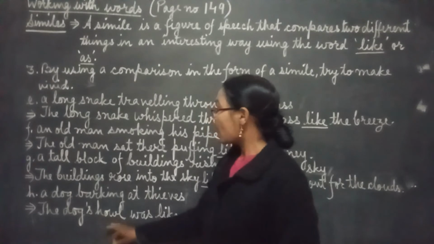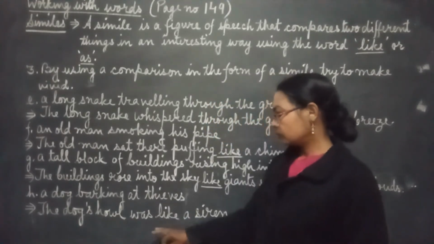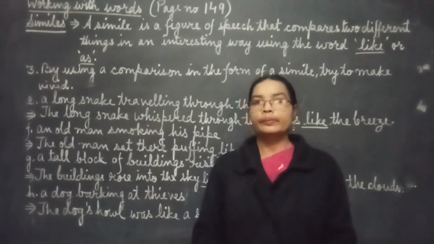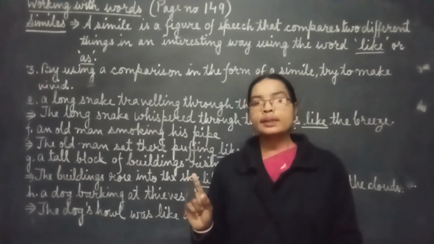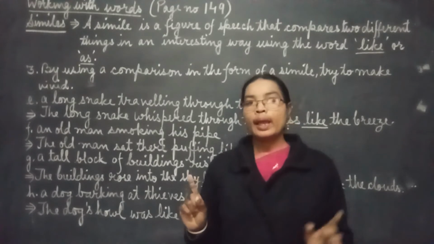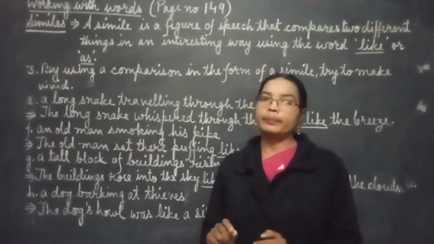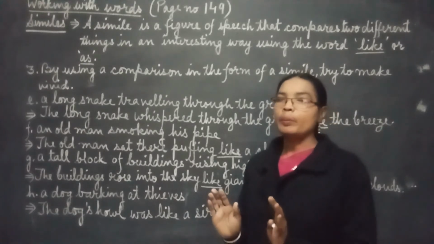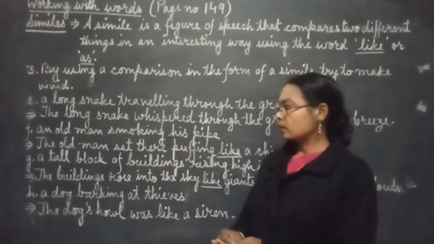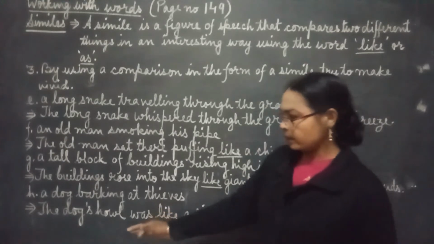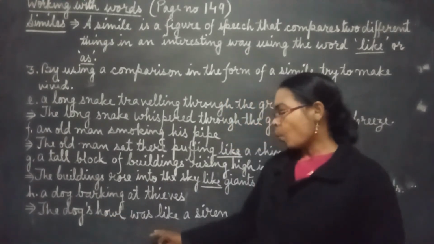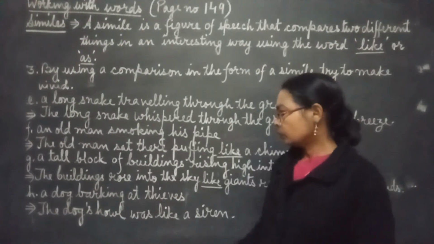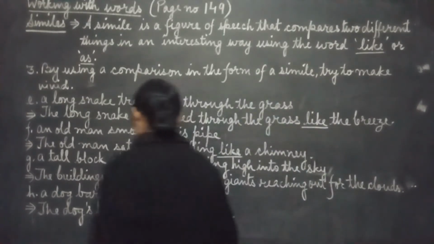The dog's howl was like a siren. Howl is the first sound and the second sound is siren. The sound is different, but we have made it similar. So we got the sentence. The dog's howl was like a siren. So here the word like we use.